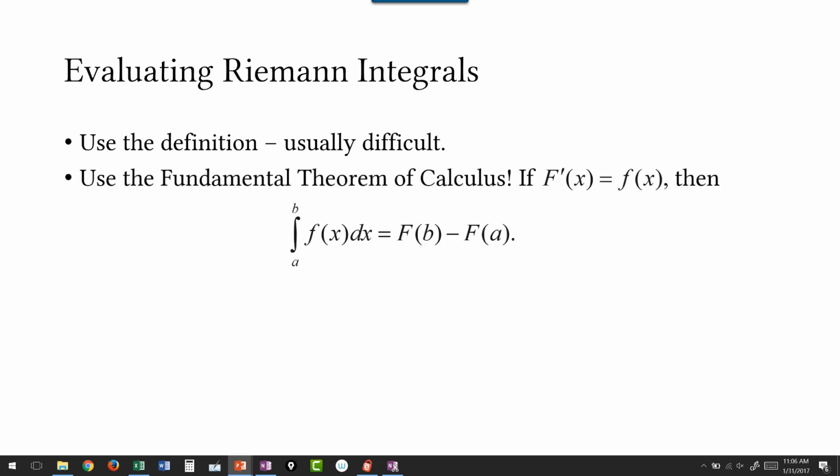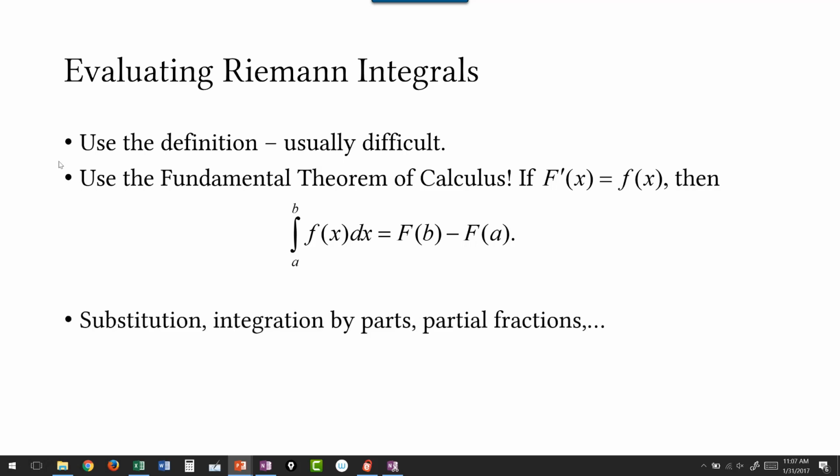Instead, we enjoy using the fundamental theorem of calculus when possible, because that boils the entire area finding process down to a simple calculation if we know an antiderivative for little f. We have now expanded the collection of functions that we can find antiderivatives for, because we now know the methods of substitution, integration by parts, and partial fractions.